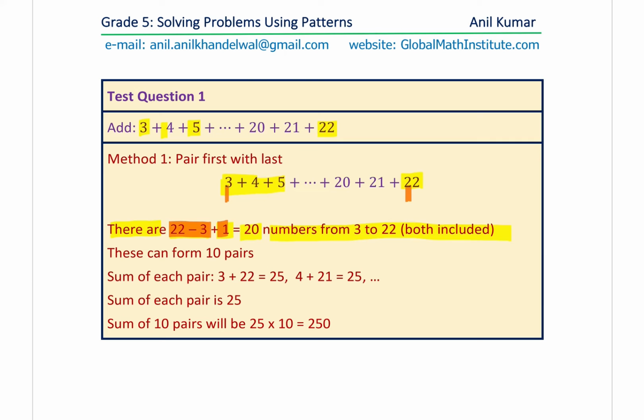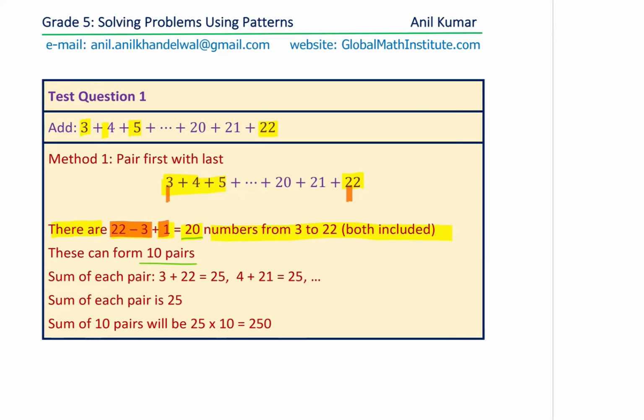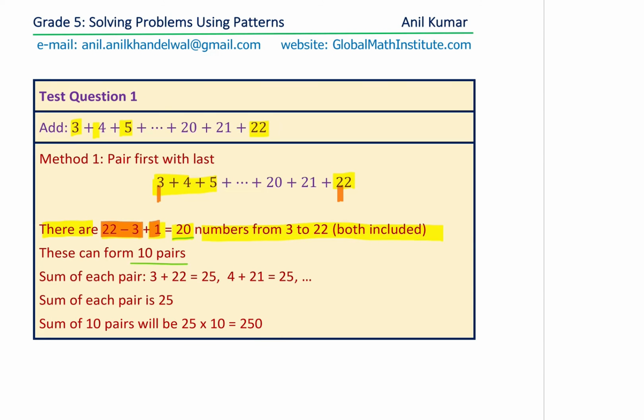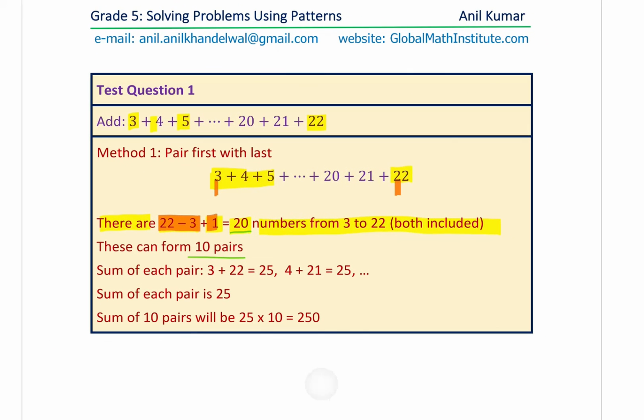So we have now 20 numbers. Divide by 2, we'll get 10 pairs, right? And each pair will be what? When you add these two numbers, 3 plus 22, you are going to get 25. Correct? So each pair is 25.